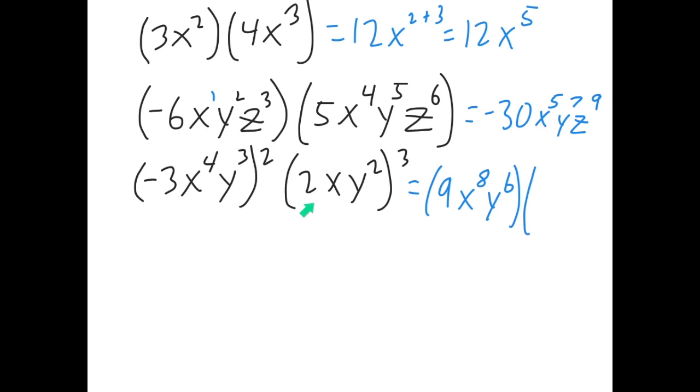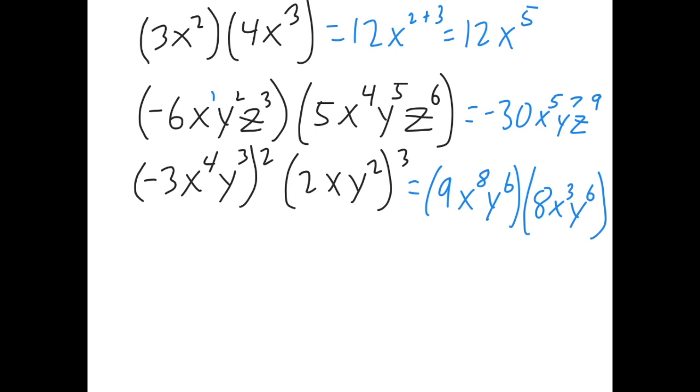So 2 cubed, that's 2 times 2 times 2, which is 8. Then x cubed, so it's just x cubed. And then y squared cubed, so again, multiply the exponents. 2 times 3 is again 6. So y to the 6th.